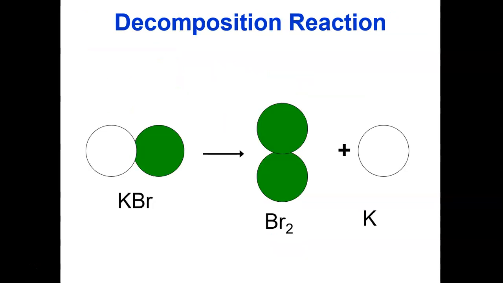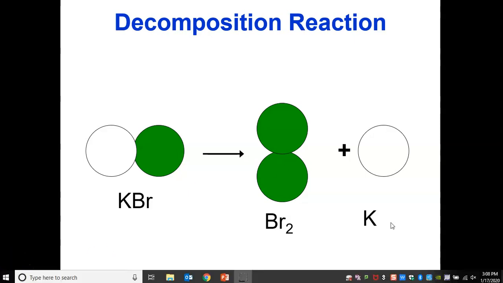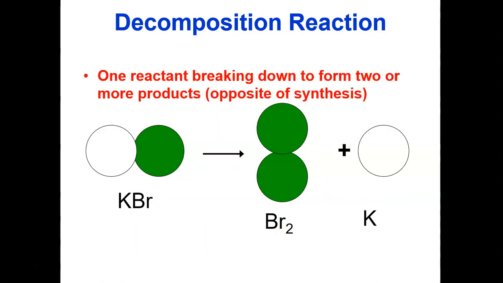Okay, let's look at decomposition reactions. This is sort of like the opposite of synthesis. In this decomposition reaction, we have one reactant breaking down to form 2 or more products. So we have potassium bromide breaking down into bromine and potassium.